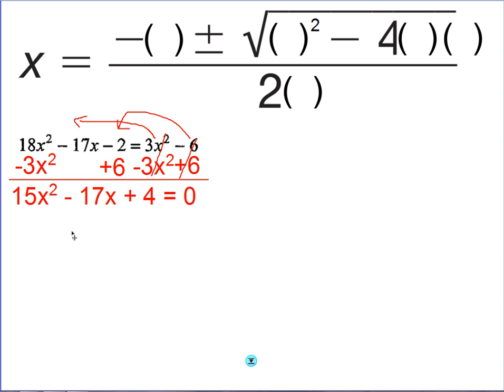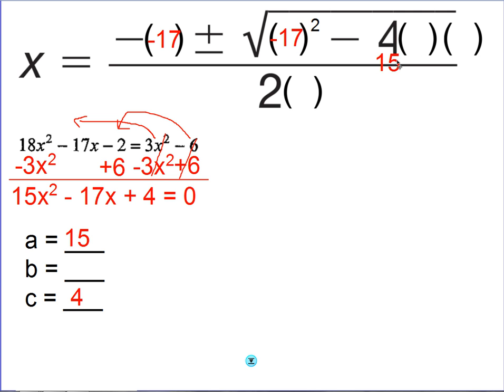Now it's set equal to 0, and if I can find them, there's my A, B, and C, which I can then sub in. Negative 17, negative 17 squared minus 4 times 15 times 4 all over 2 times 15.